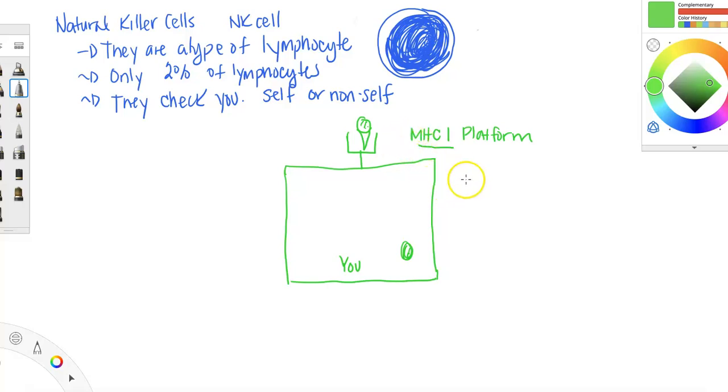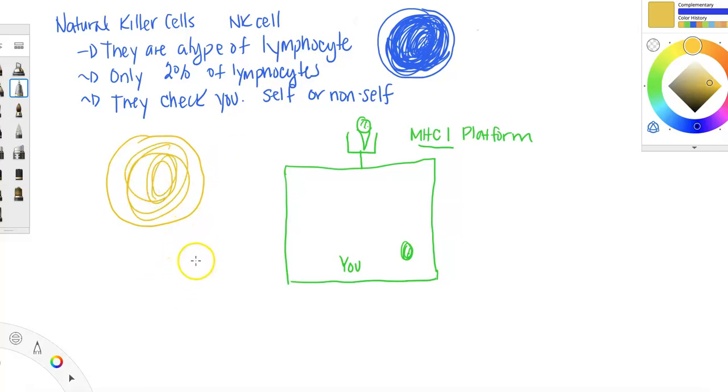So the natural killer cell, we'll put it over here, and of course it's going to look like its little thing here. The natural killer cell is going to go around and kind of check on these things. Okay? It's going to check on two things. Do you have these MHC platforms, and what are you actually posting on them? It's going to check that, and it's going to check to see if you have them at all.